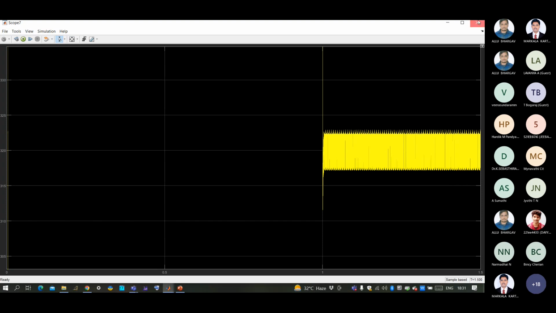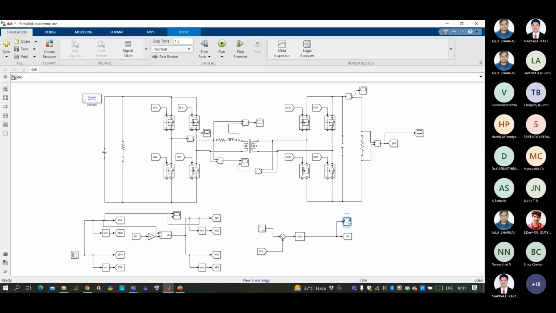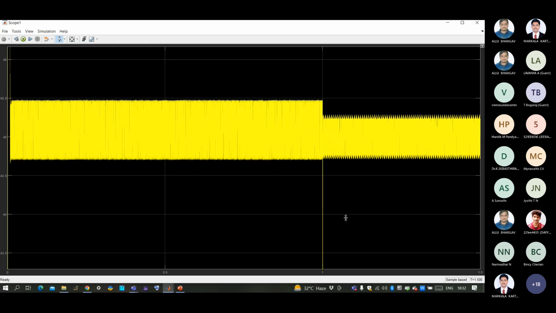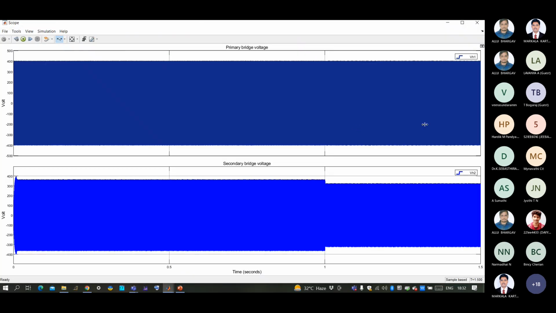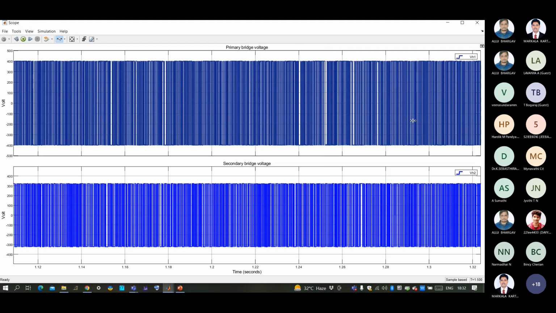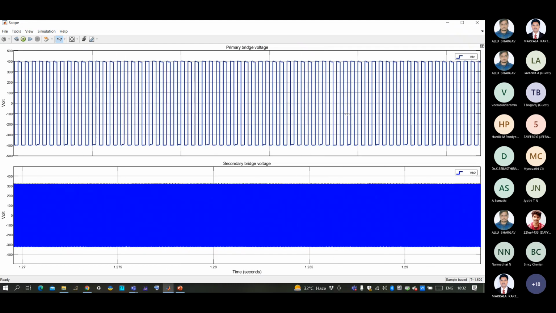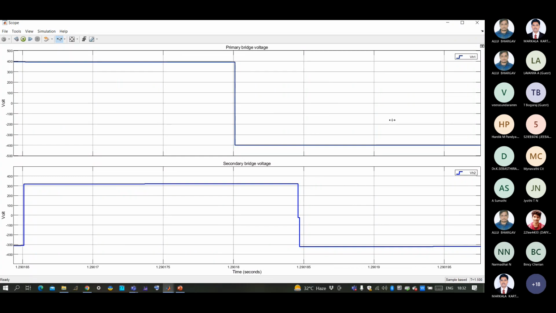At 320 it is maintained, and there is a little bit of change in the phase shift. There is a phase shift between primary and secondary.